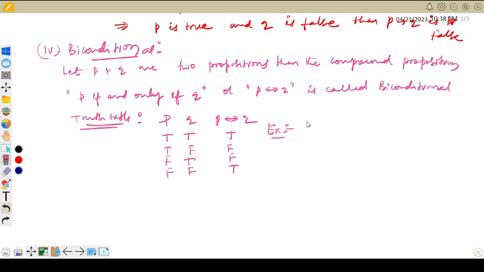Let me take an example, students. P is: man have wings. Q: bird can fly.